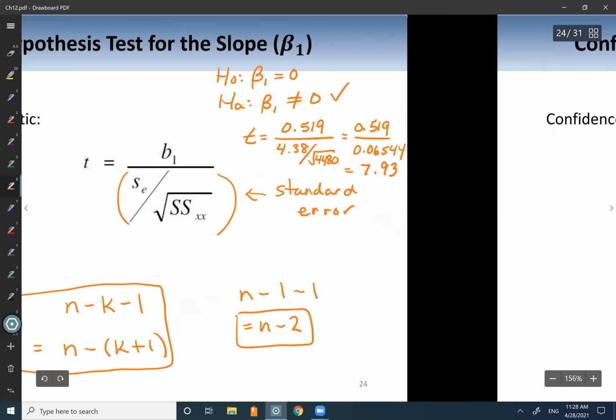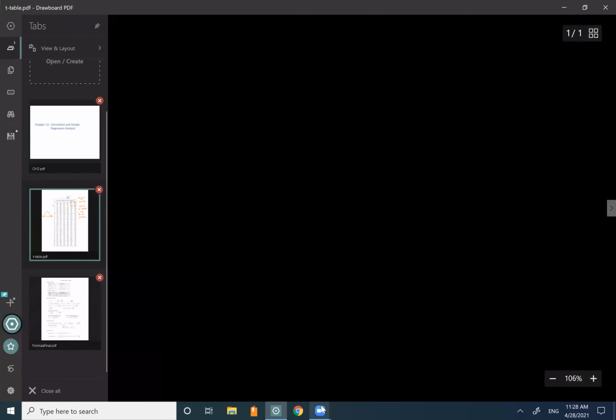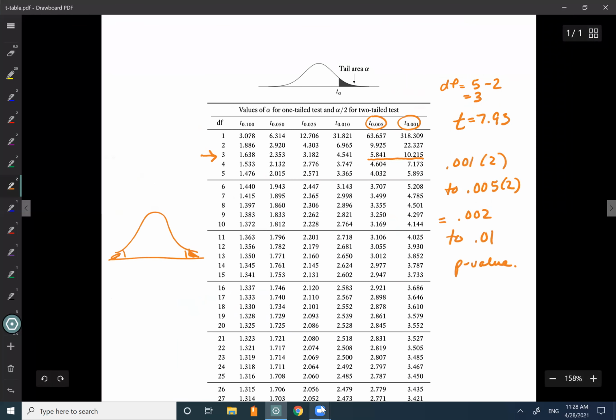We can also construct the confidence interval. So let's use our example. We had for B1, we'll just plug these values in. We had 0.519 plus or minus. We need that critical value t, the table value, and we want to get the table value from 3 degrees of freedom.